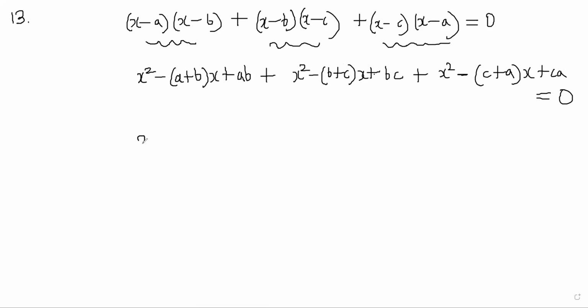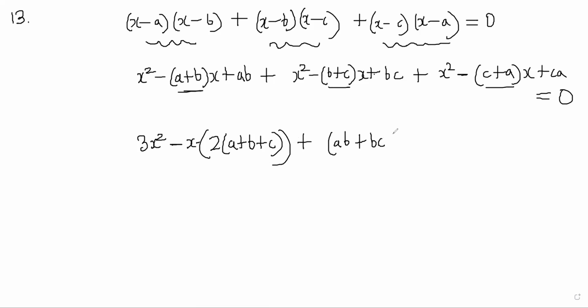So the equation overall becomes 3x square minus x, and you add up all the x coefficients: a plus b plus b plus c plus c plus a is 2 times a plus b plus c, plus ab plus bc plus ca is equal to 0. So this is my equation.